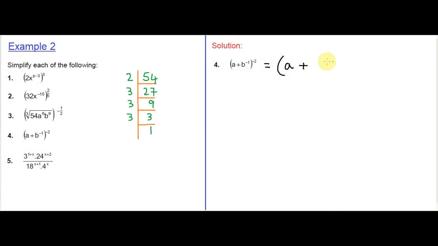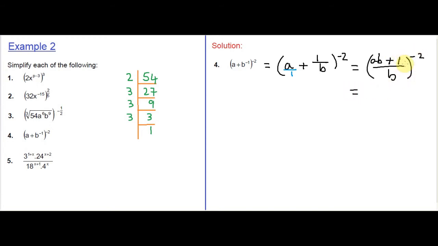B to the negative 1 is 1 over b. We can get one fraction inside the brackets. Just note that this is a over 1. So the LCD is b. 1 into b, b times the top. b into b once times the top.